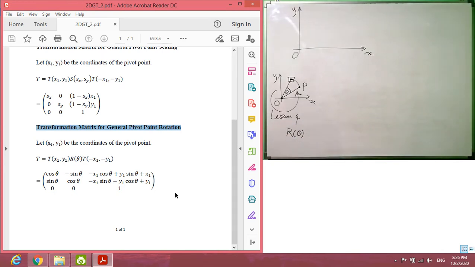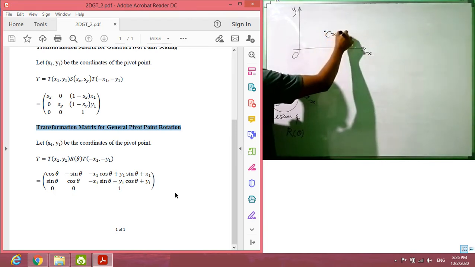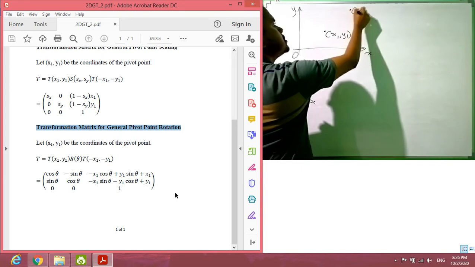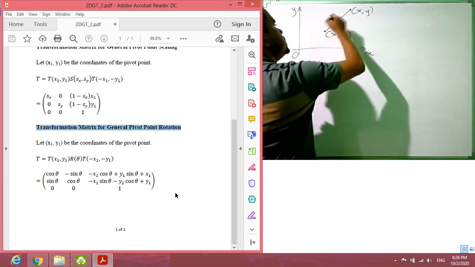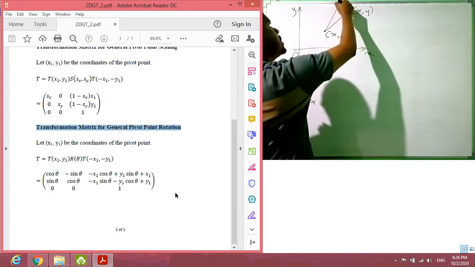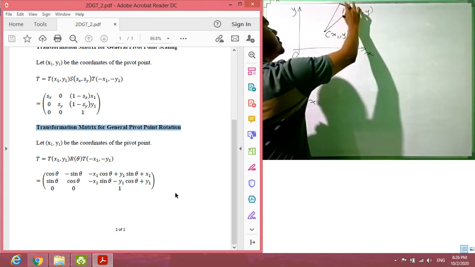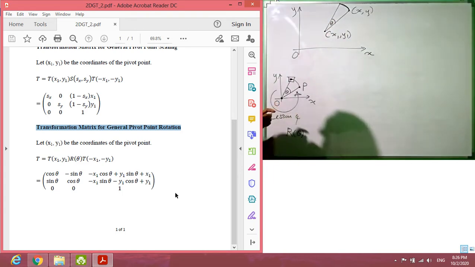Now let's say we have a point x1 comma y1, and a point x comma y. This point we want to rotate around this one by an angle of theta.